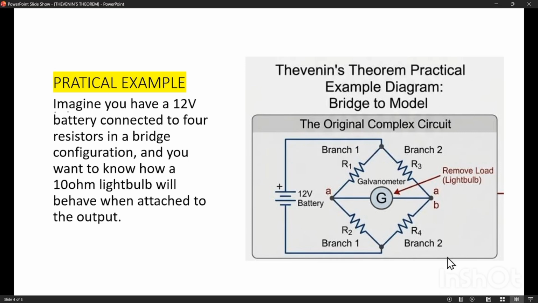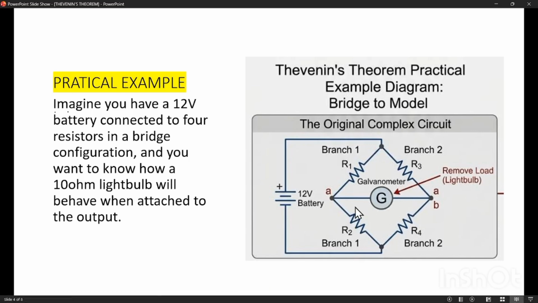Here is a Wheatstone bridge configuration, and you want to know how a 10-ohm light bulb will behave when attached to the output. So let's all study this diagram. We have resistor 1, resistor 2, resistor 3, resistor 4, and we have a 12-volt battery. We have our bulb or load.